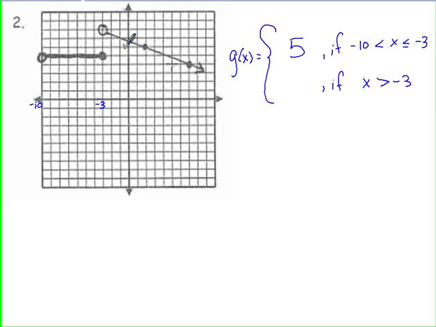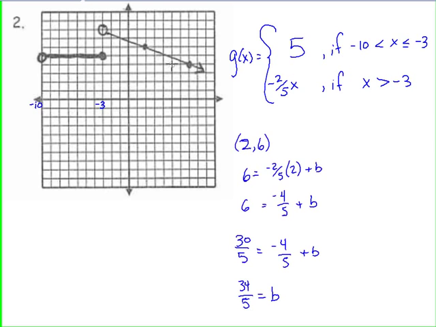And I can find the slope, negative 2/5. And then I need to find my y-intercept. And again, it's not a whole number, so we want to be careful. Alright, you find it, I'll find it, we'll check and see if we got the same thing. Ready, hit pause.